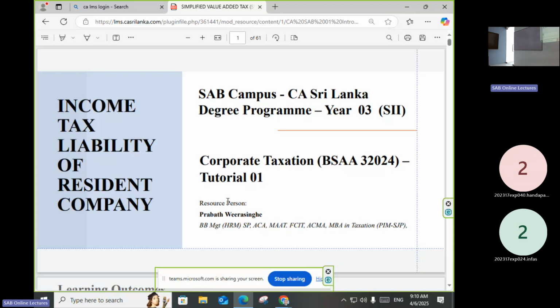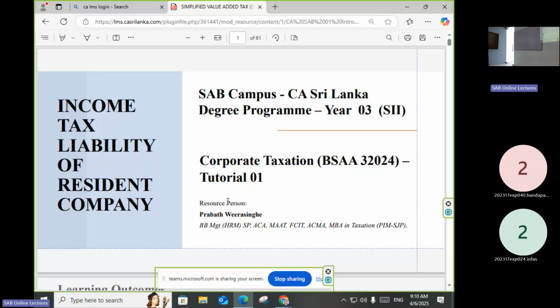Therefore, tax can always be imposed by the government. Once imposed, it is a mandatory payment. No one can escape from that. The person who is chargeable has to pay.